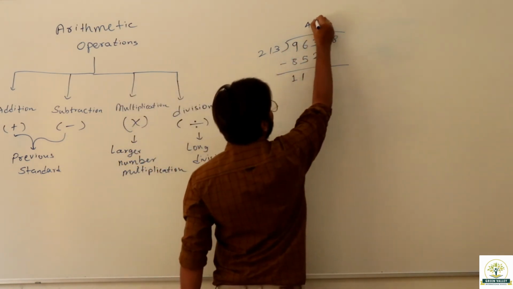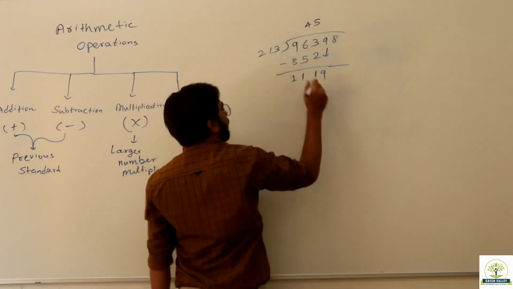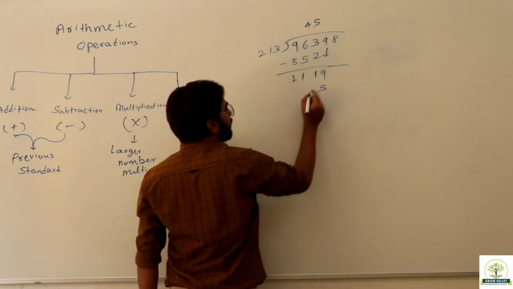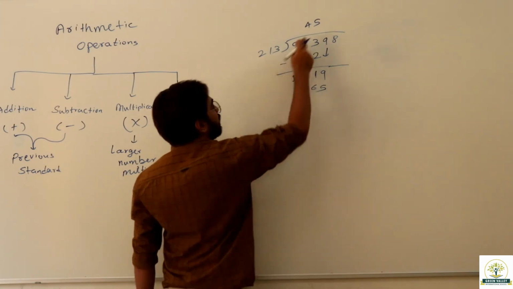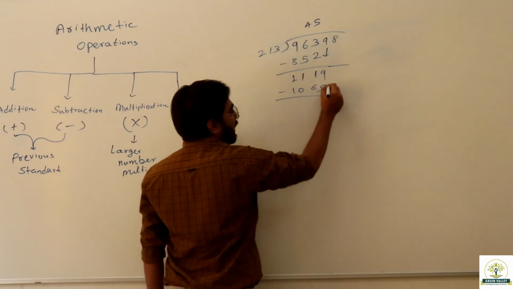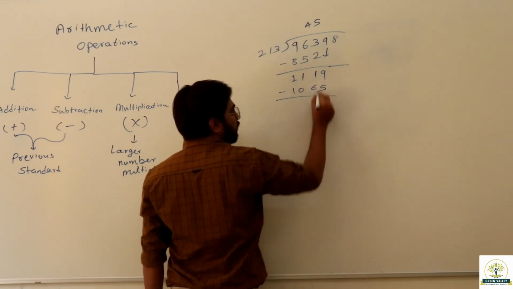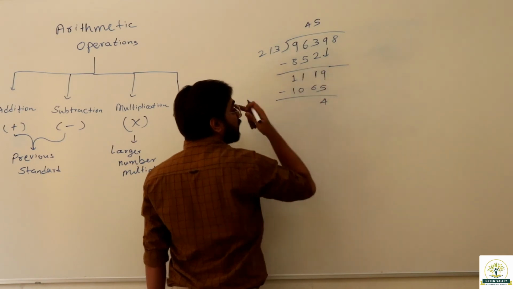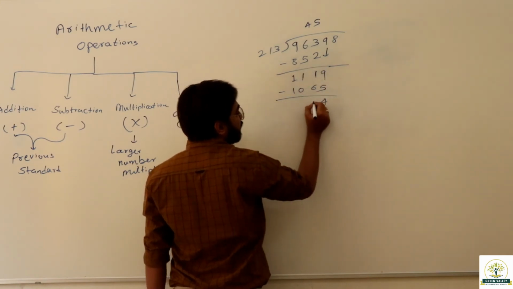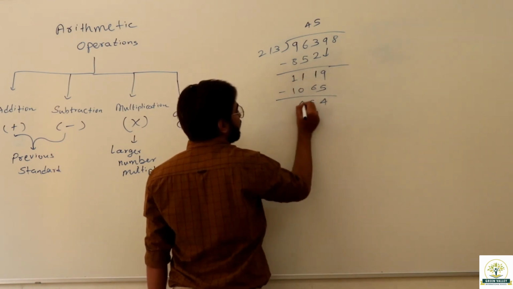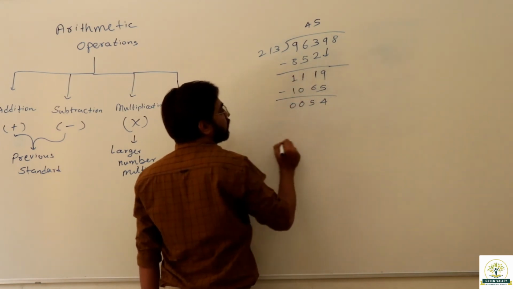So we will go with 5s. 3 5s are 15, carry 1, 5 1s are 5 plus 1 6, 5 2s are 10. 9 minus 5 gives you 4, 1 minus 6 won't go, so 1 becomes 11, 11 minus 6 gives you 5, this becomes 0, 0 minus 0 0 and 0.